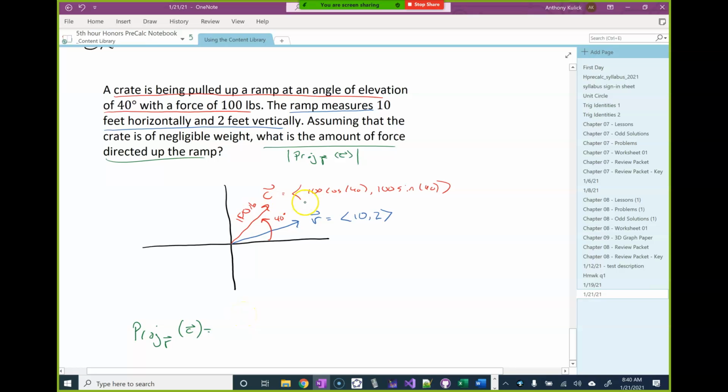So C dot R is going to be 10 times 100, which is 1,000 cosine 40, plus 2 times 100, which is 200 sine 40, over the square root of 10 squared plus 2 squared, squared. So that's just going to be 104 times the vector 10, 2.